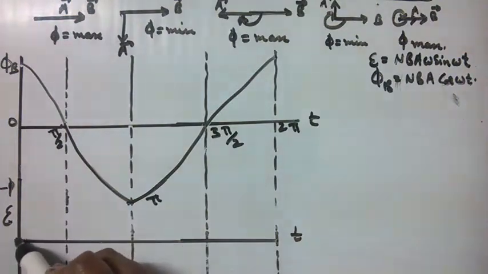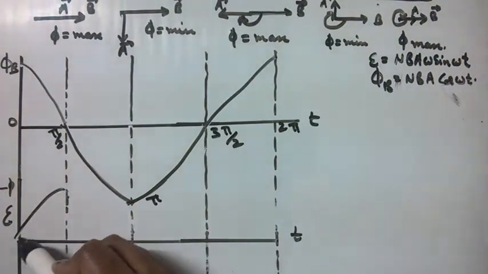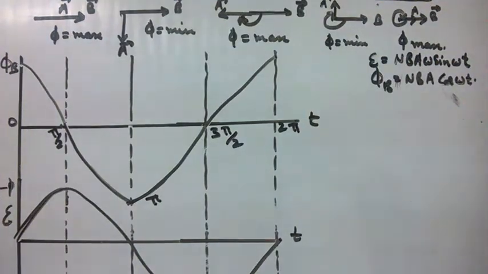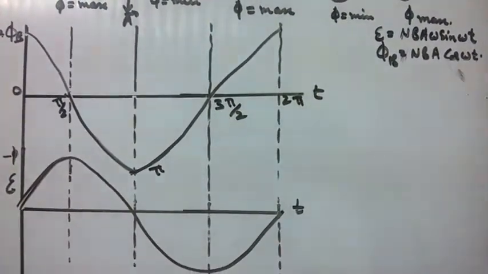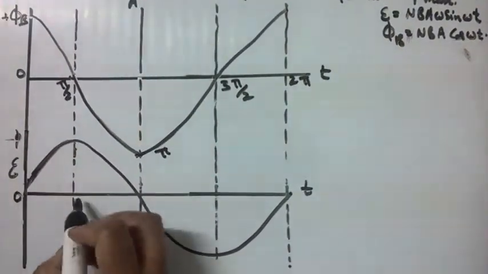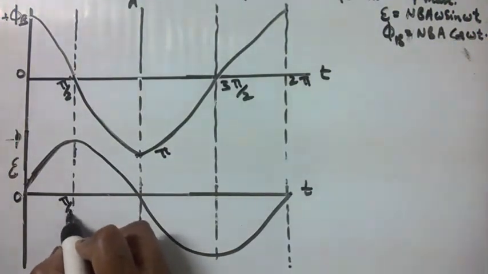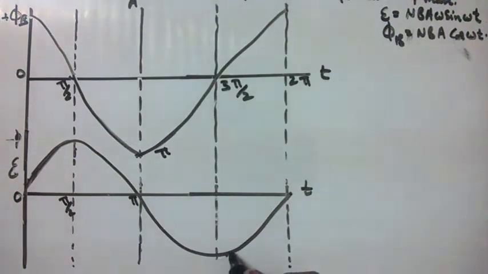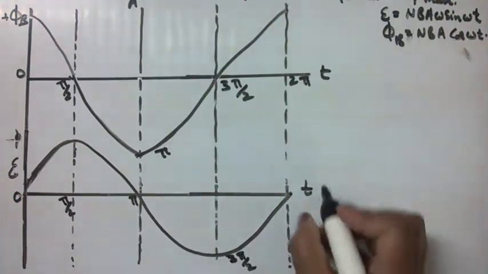So here the graph is in this way. That is 0, maximum at pi by 2, then pi, 3 pi by 2 and 2 pi.